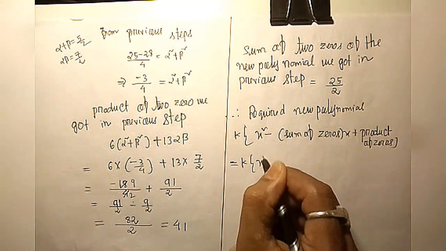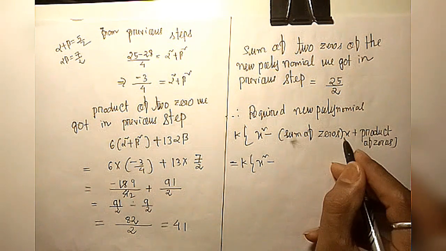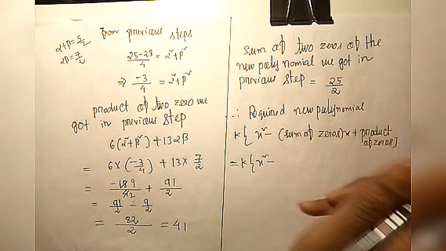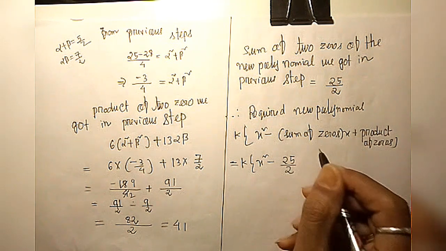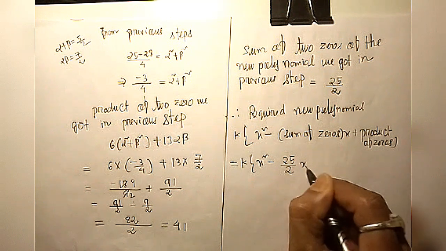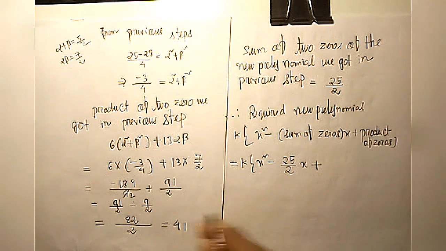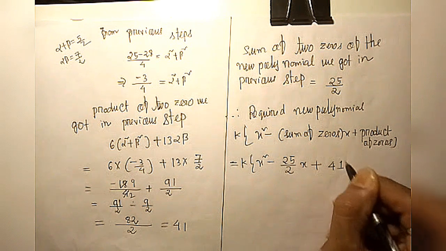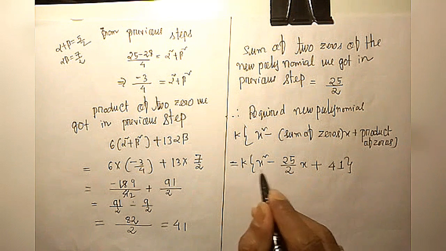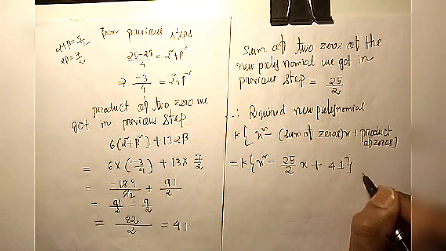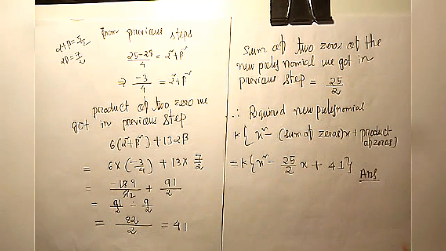So k bracket x square minus 25 by 2 x plus 41 is the polynomial.